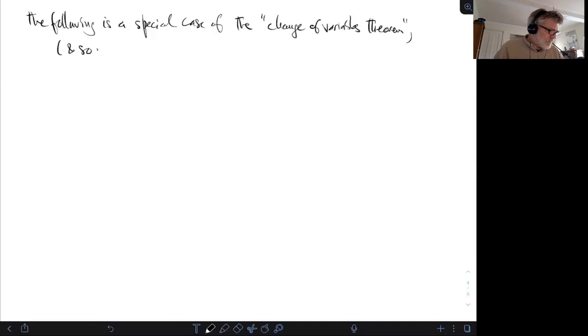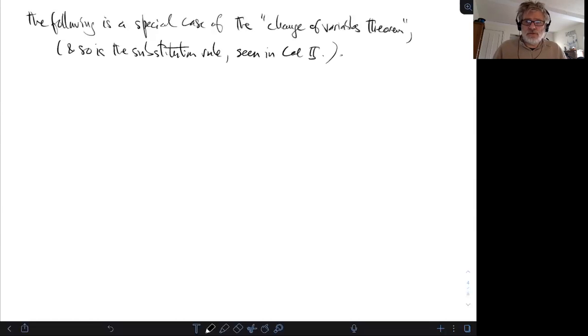And so is the substitution rule seen in Cal 2. Now, the substitution rule in Cal 2, you probably used it most of the time with indefinite integrals. This is the definite integral version.